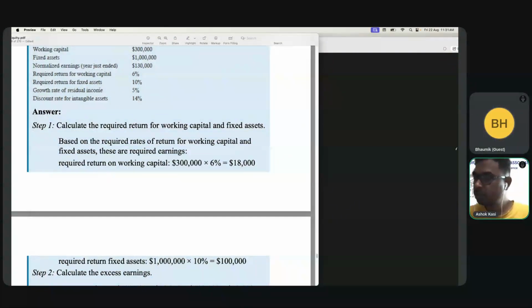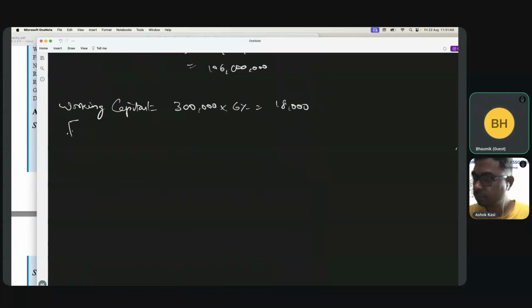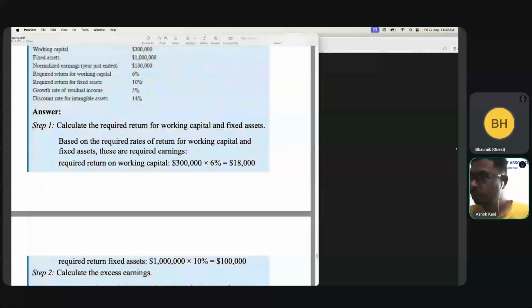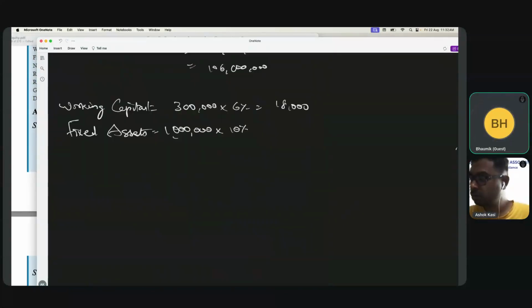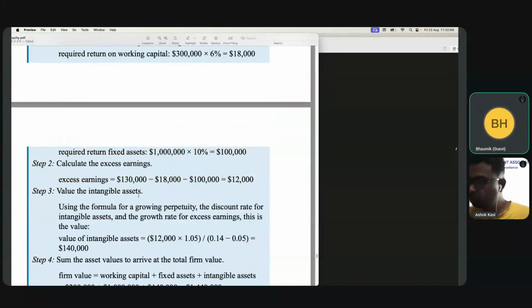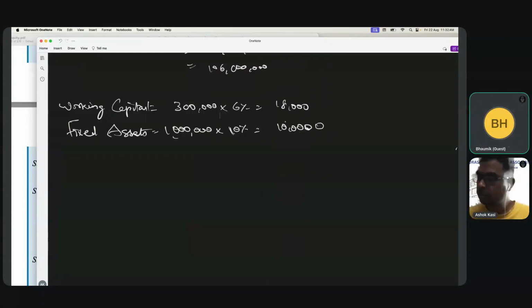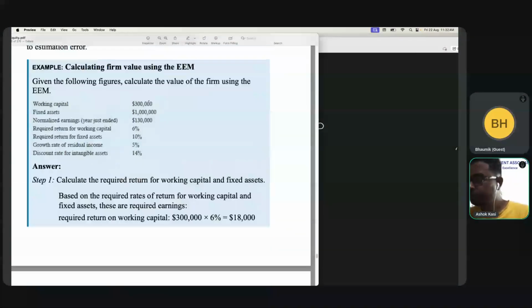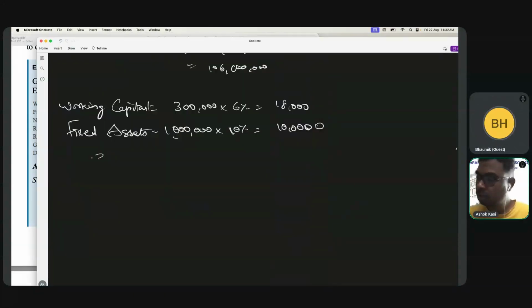Similarly, fixed assets of 1 million into 10% is 1 lakh. Okay, and your earning is 1,30,000.